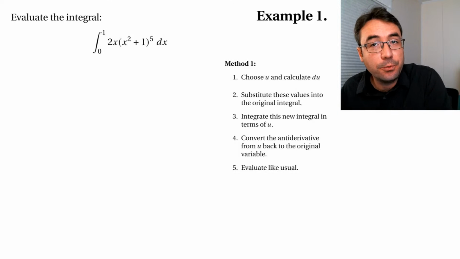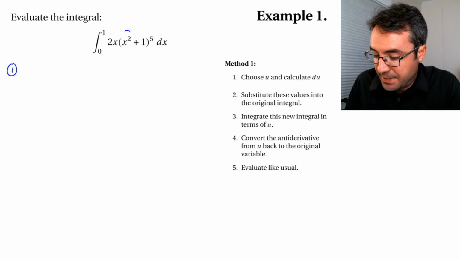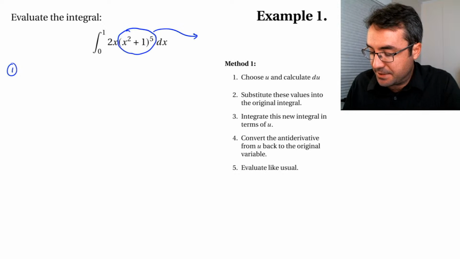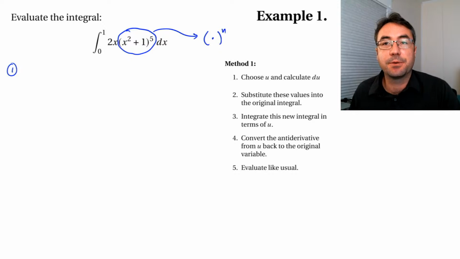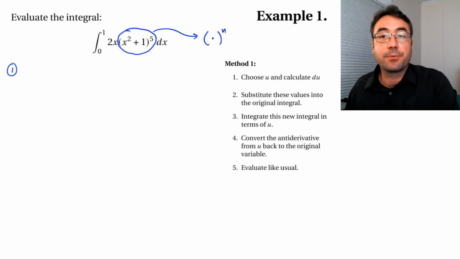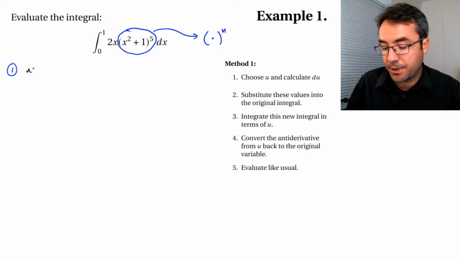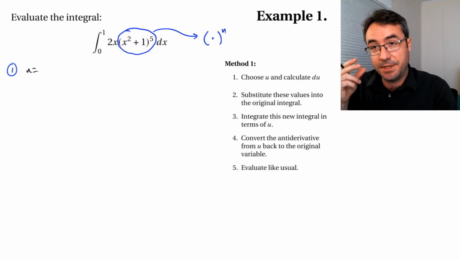So we have to pick u. That's our first step. And so we identify the complicated term, and we see that that's something raised to the power n. So what we're going to choose for u is we're going to let u equal the term that shows up inside the parentheses.